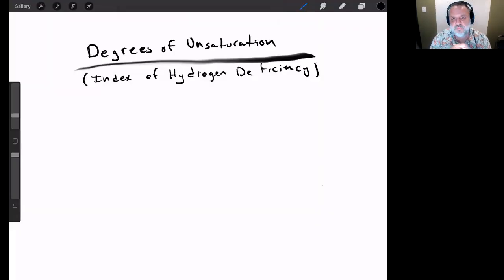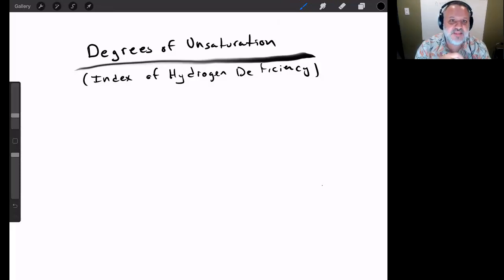All right, guys. Once this screen sharing pops up, we can talk about degrees of unsaturation. Another way to describe this is the Index of Hydrogen Deficiency. This is a measure of the lack of hydrogens a structure has compared to a similar structure with the same number of carbons and the maximum number of hydrogens.